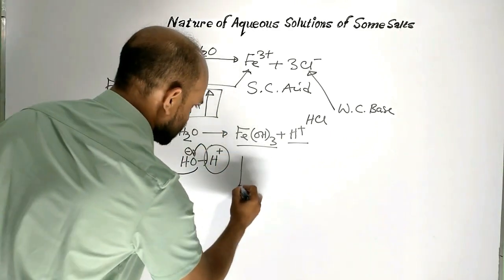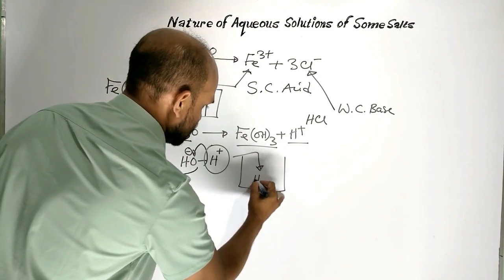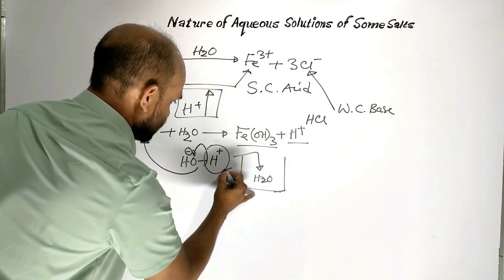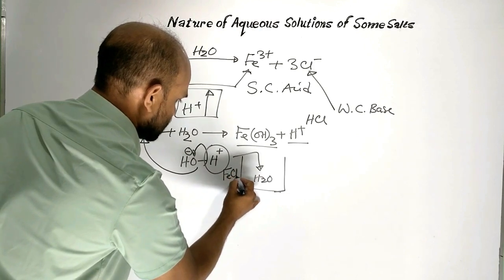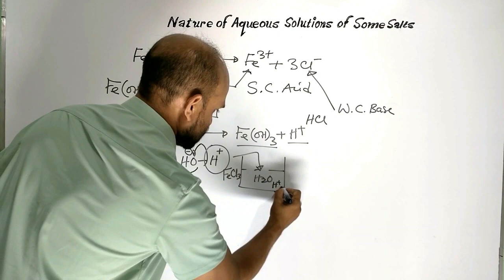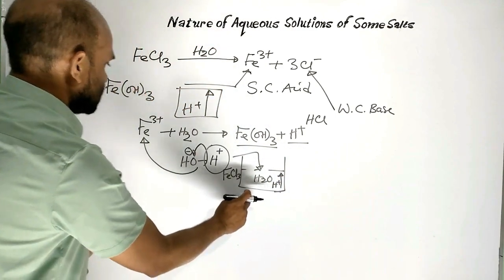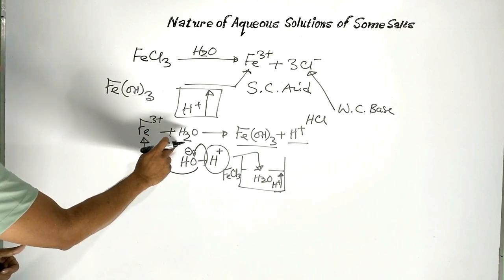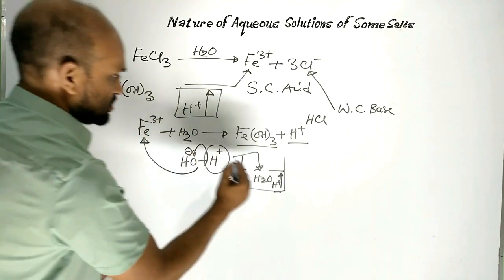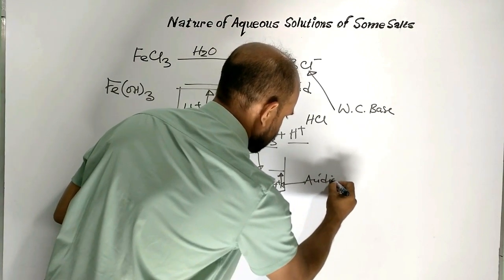That is, suppose ferric chloride salt is added in water, then the concentration of hydrogen ion increases through hydrolysis of ferric ion. That is, the solution gets acidic in nature.